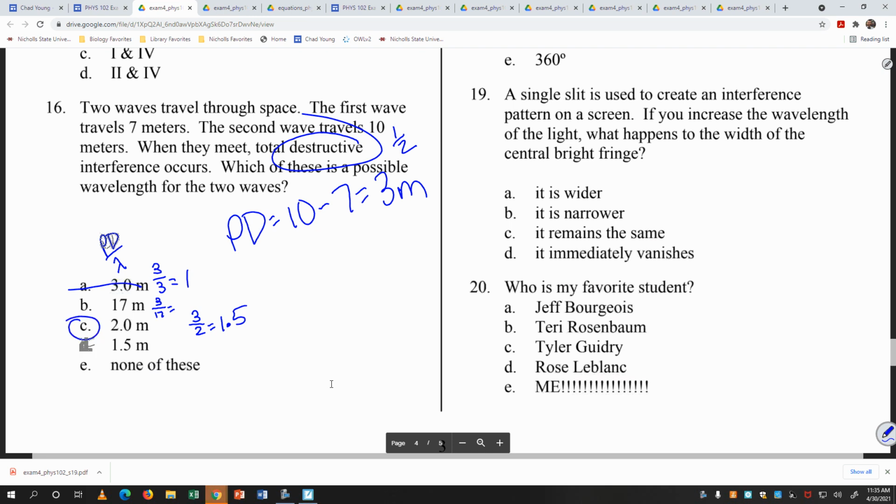So that's my answer because that path length difference is 1.5 wavelengths. 2 is the wavelength, 3 is the total distance covered, so 3 divided by 2 is 1.5 wavelengths. And then this would be 3 divided by 1.5, which is 2 wavelengths, which means that you would get a bright spot.